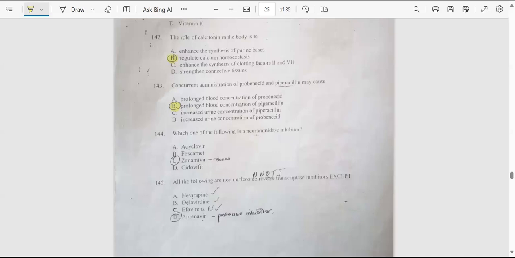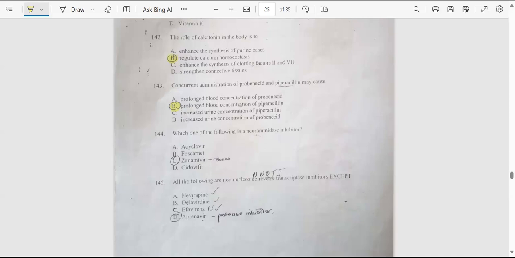It competes with penicillin for excretion using the organic anion transporter. Since they are competing, less will be excreted, because they're using the same transporter for excretion, and so there will be more in the serum.